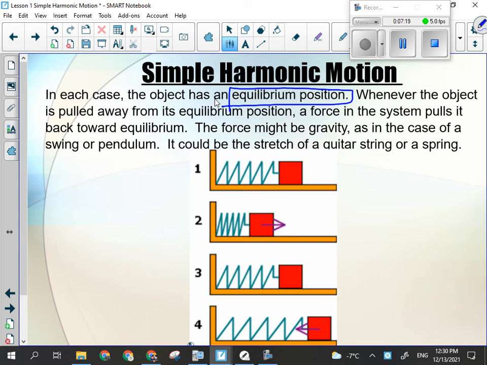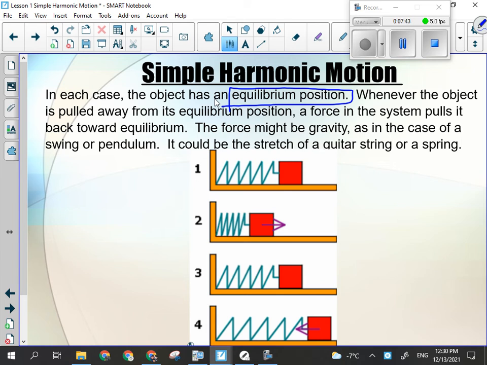If I want to pull it twice as far away, I'm going to have to use twice as much force, or 6 newtons worth of force. So for simple harmonic motion to occur, the restoring force has to increase linearly with displacement from zero. Equilibrium is always measured as zero, and then you have a positive side and a negative side.